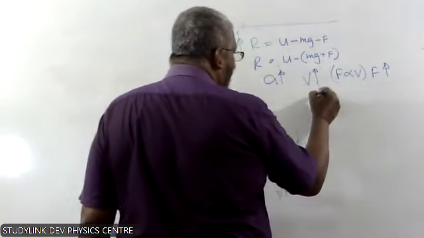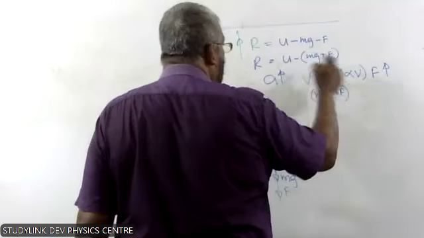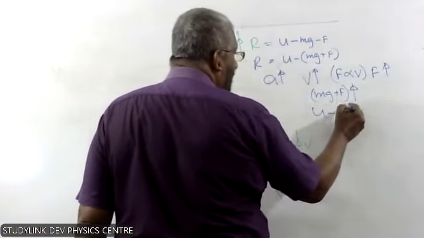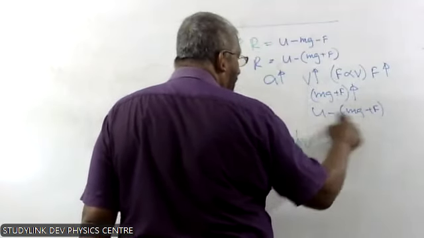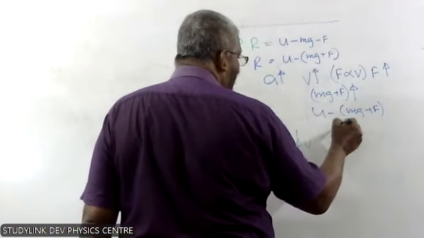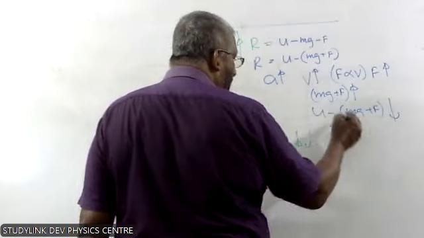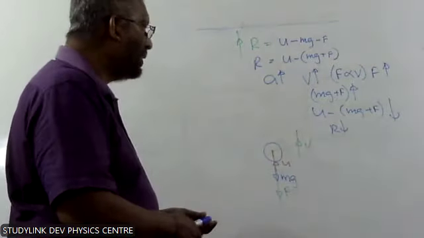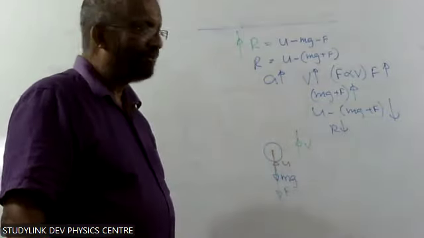Then the value of mg plus F: mg is a constant, F increases. Then U minus (mg plus F) decreases, the difference decreases. That means the resultant force decreases. Still there is an acceleration, but the acceleration reduces.